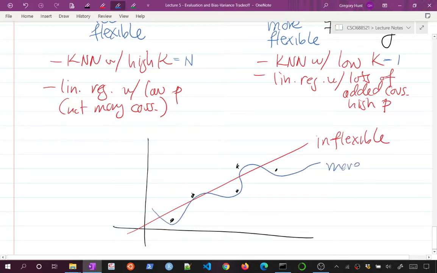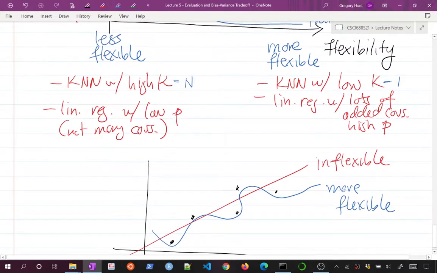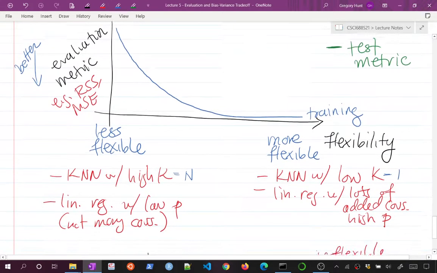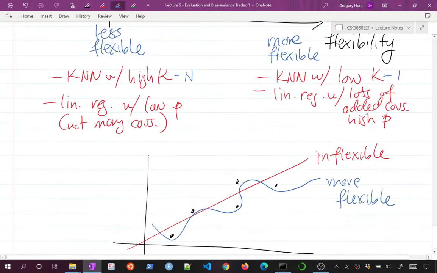This is more flexible. As I increase the flexibility or complexity, which are kind of the same thing, I can follow the individual training data points better and better, as far as the training metric goes. So with a really simple model, I'm going to have relatively high training error, because something simple like just a line, an inflexible model without a lot of covariates, for example a simple linear regression, doesn't do as good a job.